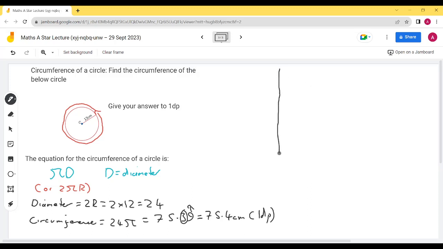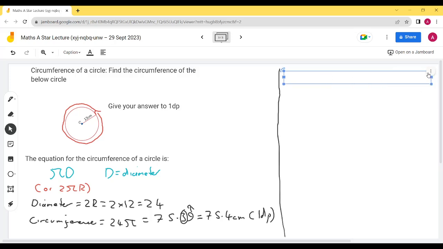Now, I'm just going to put a couple of notes here. And this will lead us into our next area.